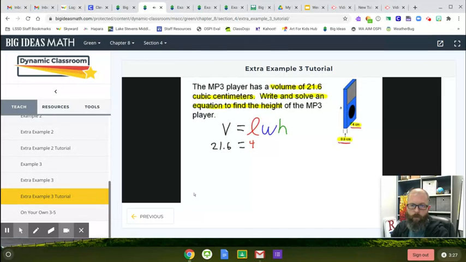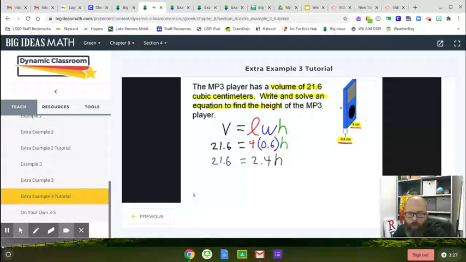Now there's a product we can find. 4 times 6/10 is 2 4/10. On the right side, we have 2 4/10 times h. We want to get h by itself, so let's divide both sides by 2 4/10.